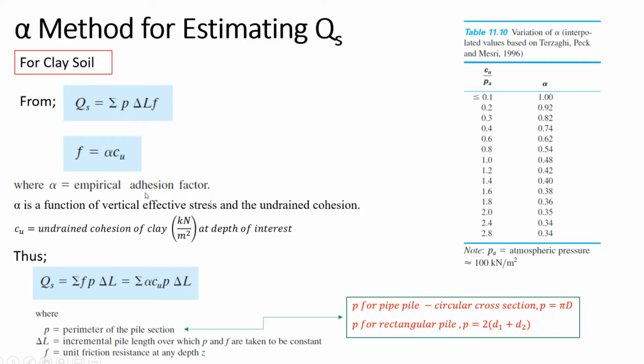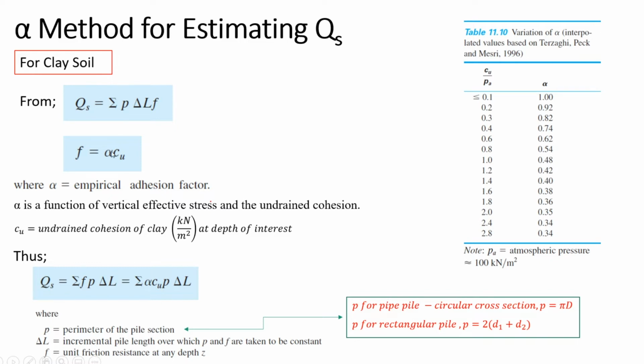Alpha is the empirical adhesion factor that is a function of the undrained cohesion and the effective stress. So we can use this table to get the variations of alpha. We have the ratio of undrained cohesion to the atmospheric pressure, which is 100 kilonewton per meter squared, and by having this ratio, you can get the alpha value here.